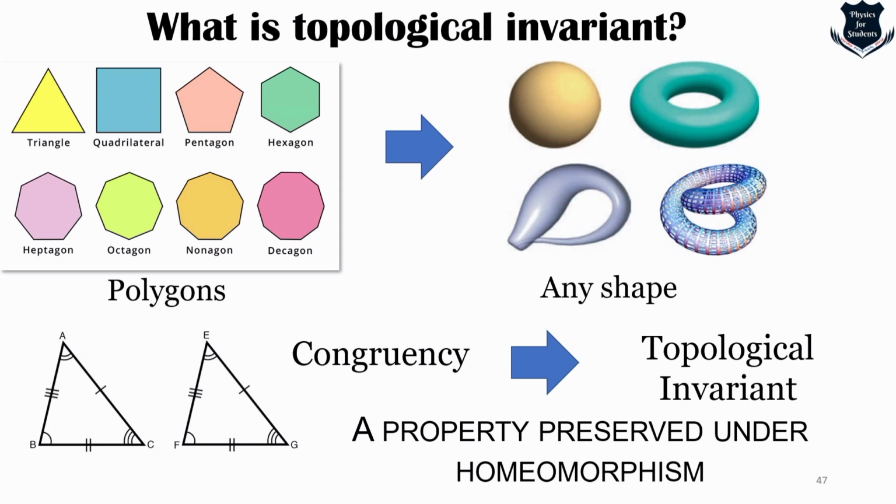So I hope that now it is clear what is a topological invariance, because topological invariance is something where we are taking the same Euclidean thing and we are generalizing it to any shape. So if the polygons get generalized into any shape, that means under homeomorphism it changes, yet it remains the same.